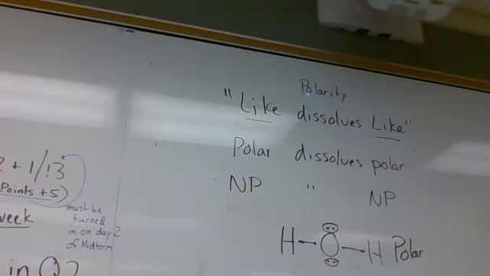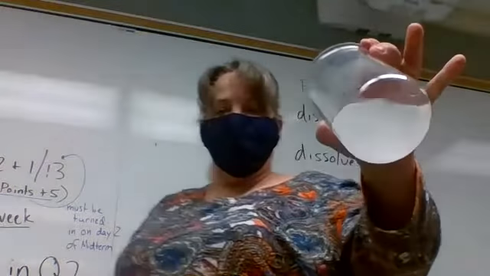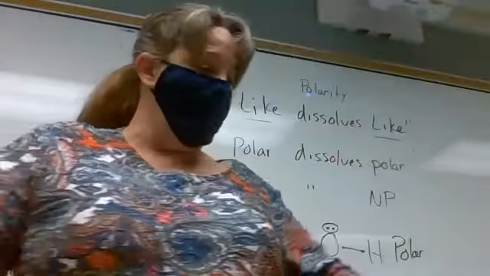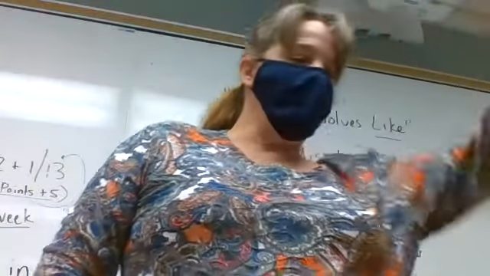Okay, so it is a polar molecule. And if I swirl it around long enough, it will all dissolve. Now it's kind of bubbly and cloudy, but there is no salt on the bottom of this. I'm videoing this, so no salt.